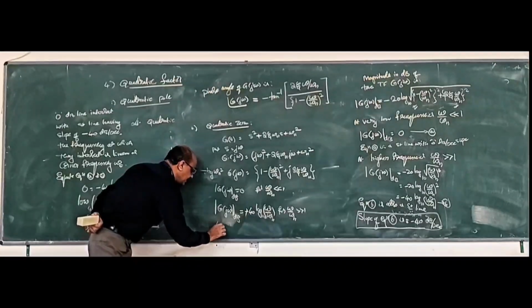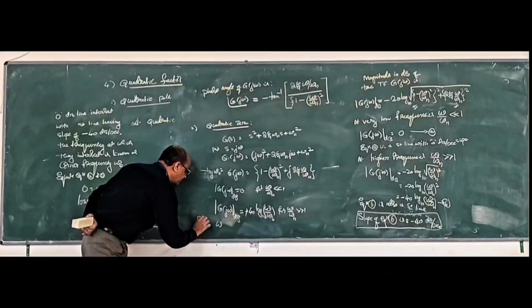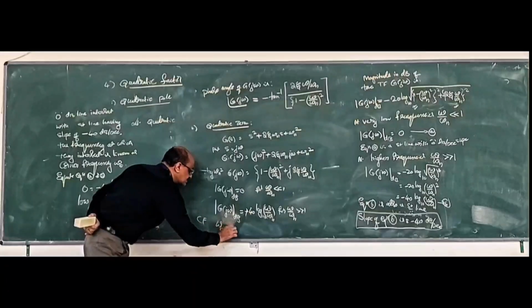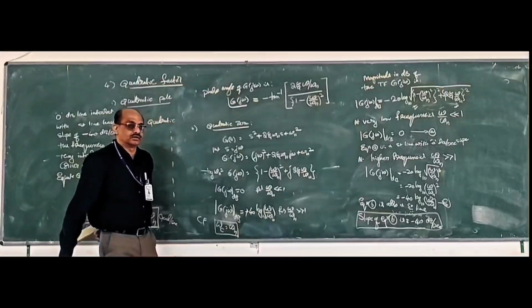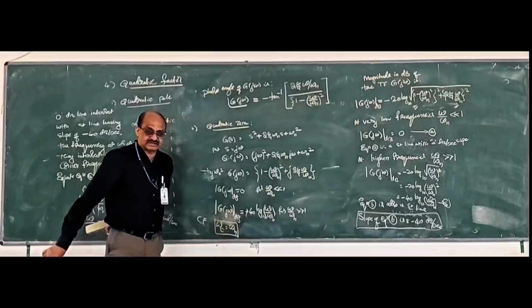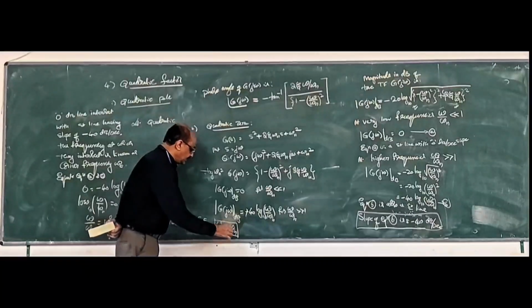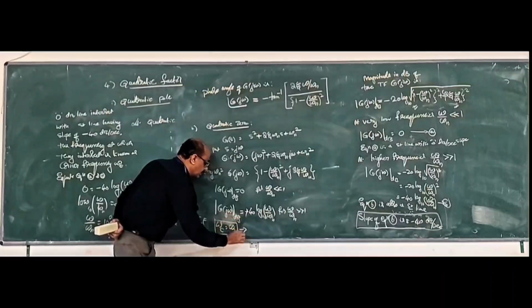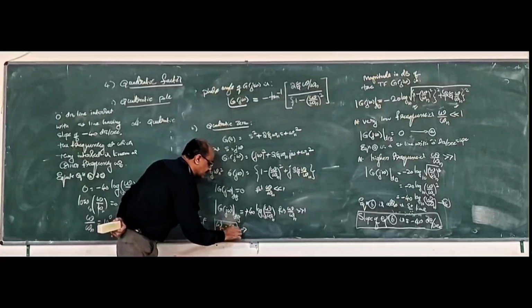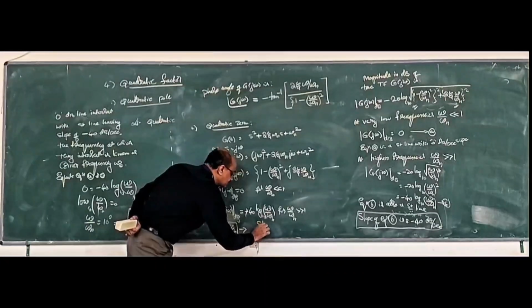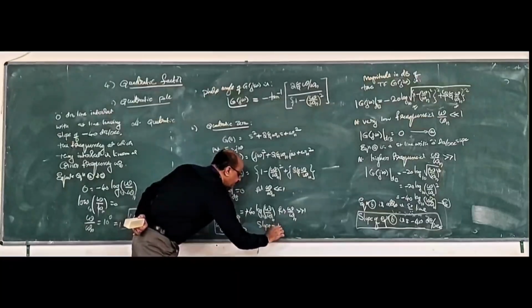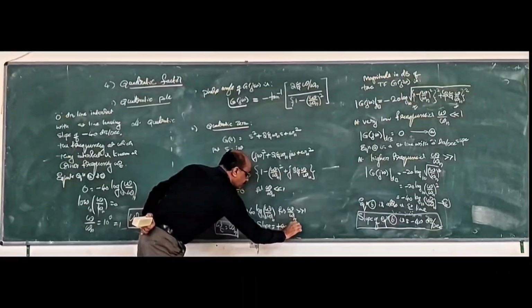The corner frequency is again omega c equal to omega n, where the 0 dB line and the other line meet. What is the slope here? The slope of this line is plus 40 dB per decade.